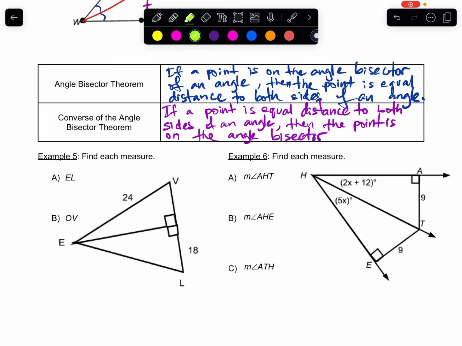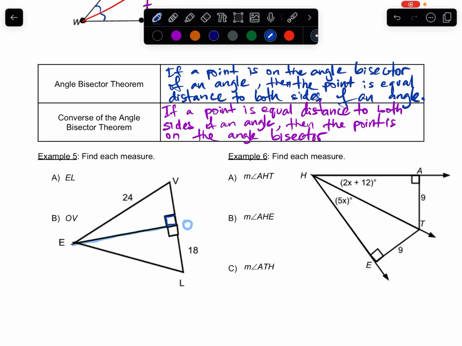So now we have, let's see, okay, so notice here we have line E. I don't have a point here, so let's call that O. So I know EO is perpendicular first of all.